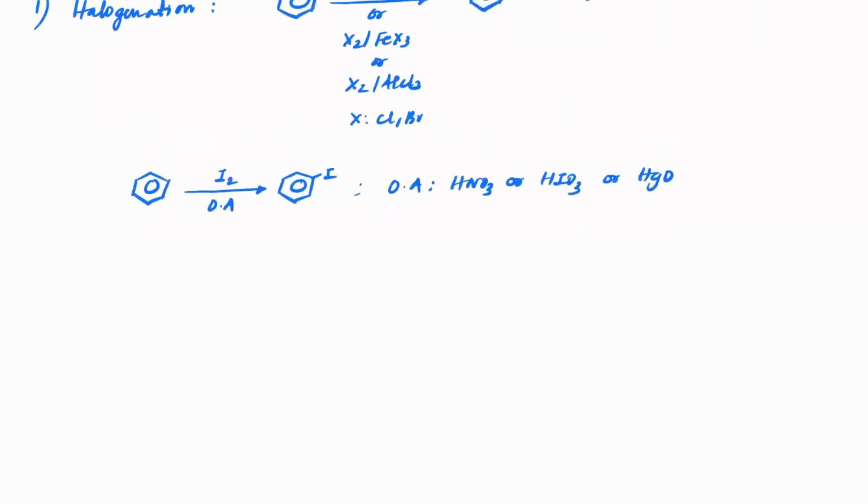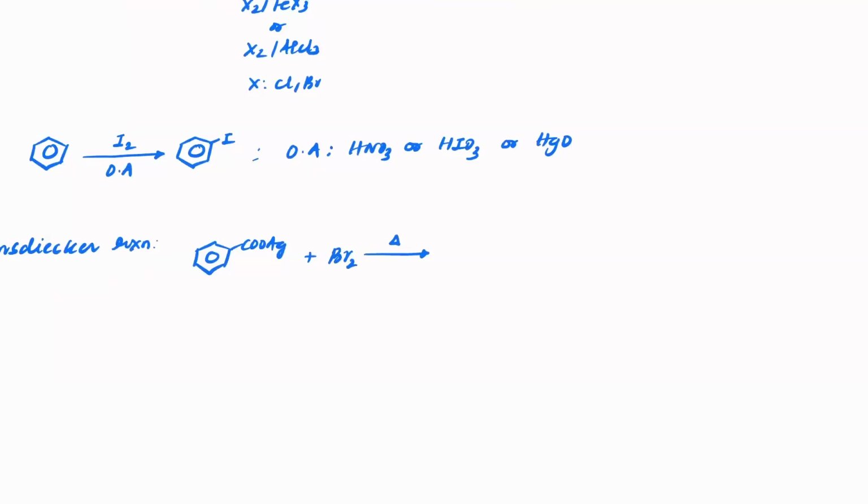Second, we learned the Hunsdiecker reaction already. Here we take a silver salt of a carboxylate, COOAg, and treat that with Br2 in the presence of light or heat.